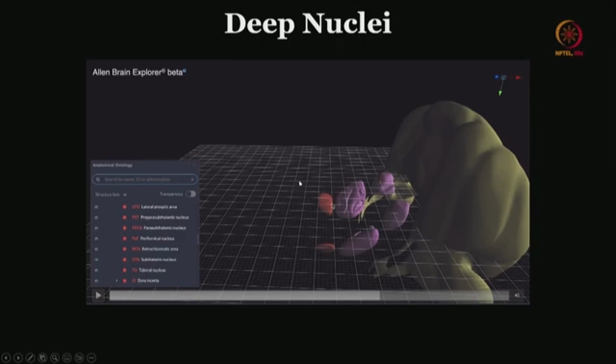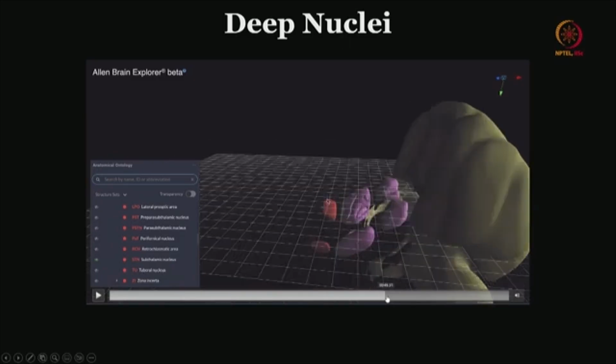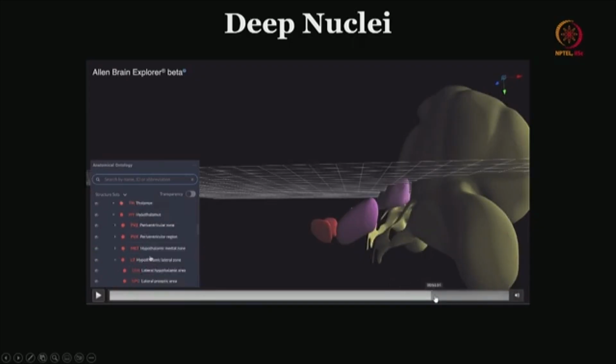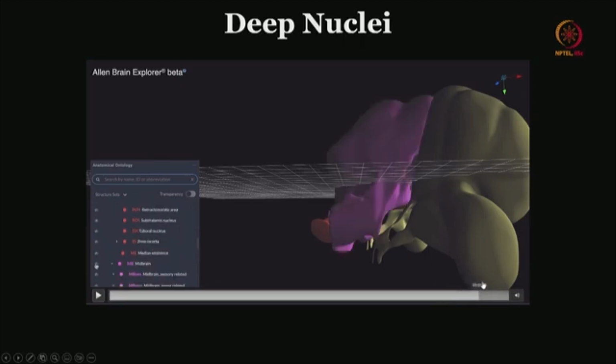This belongs to the striatum part of it, where it has a substantia nigra component there, and the subthalamic nucleus, which comes in the deep nuclei of the brain, and the pedunculopontine nucleus there. And the posterior yellowish structure is the cerebellar part of the structure.